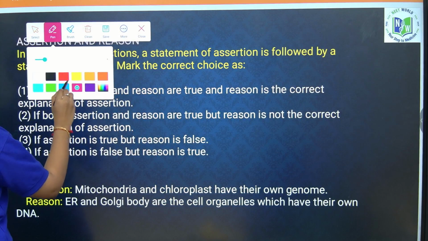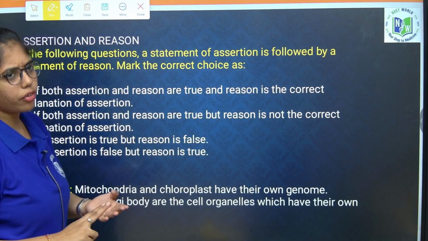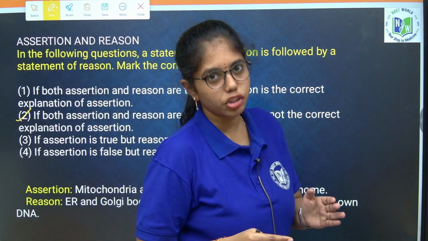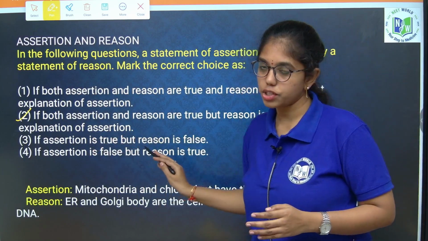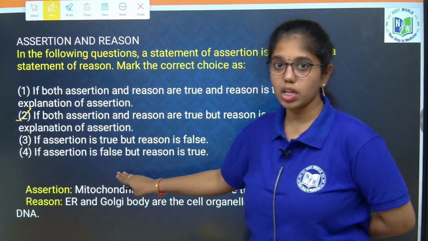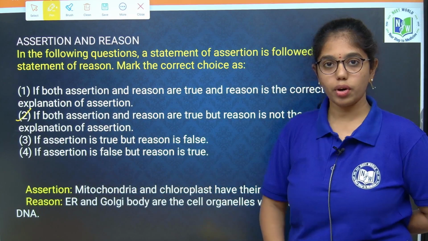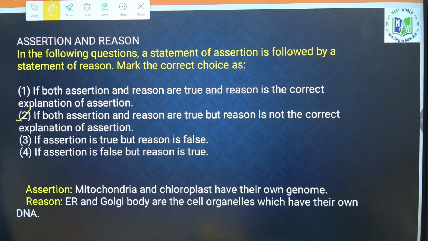There is not much challenge in choosing options 3 and 4: you will choose 3 if the assertion is true and the reason is false, and you will choose 4 if the assertion is false and the reason is true. Without much delay, let's get started solving the questions.